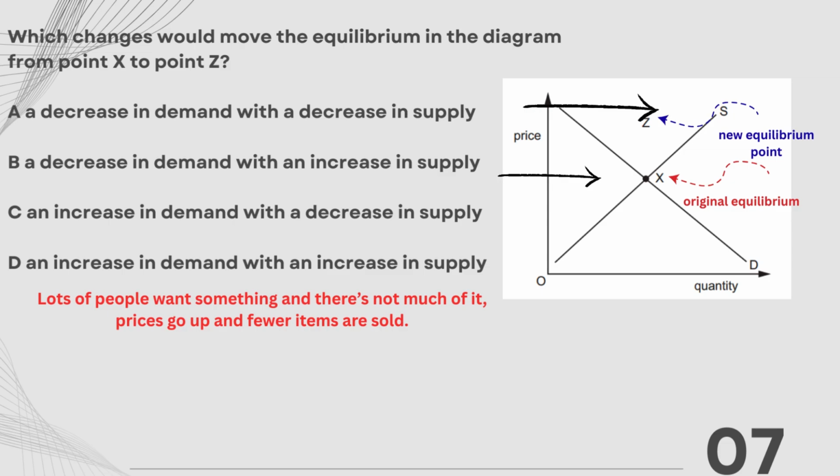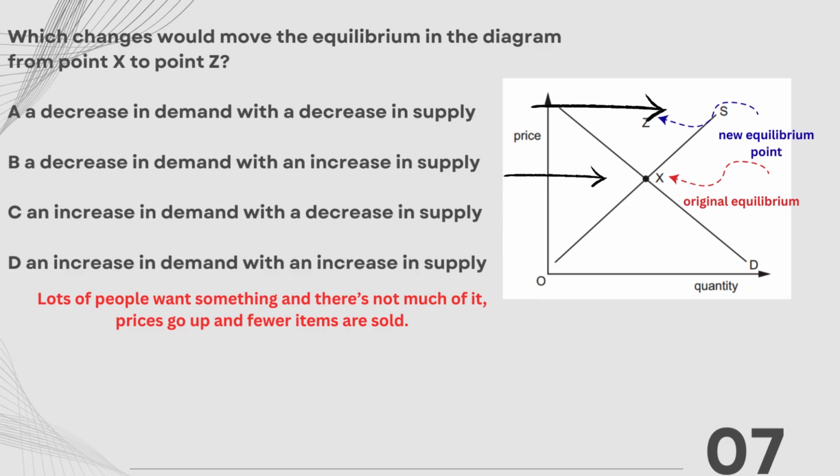If you analyze it very simply, if the equilibrium point changes, it means that the price changes, like there's an increase of price. So what is the answer? Is it A, B, C, or D? A very simple explanation. If it is letter A, decrease in demand and decrease in supply, it means one thing.